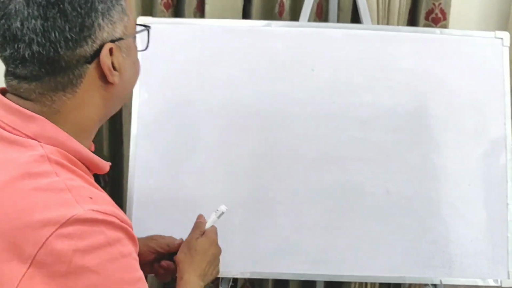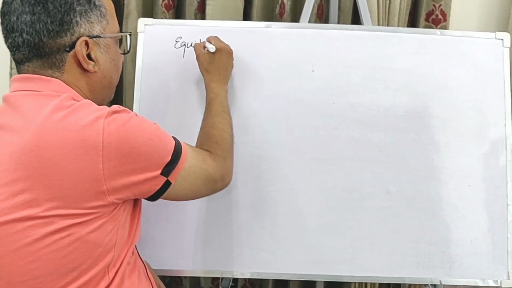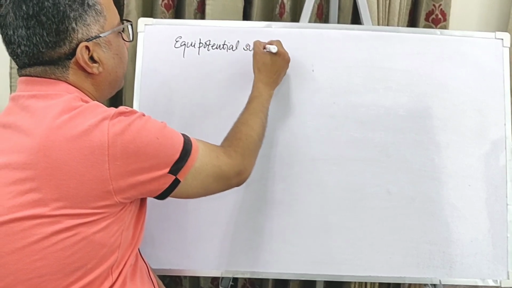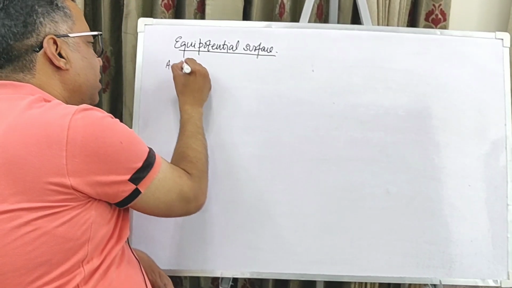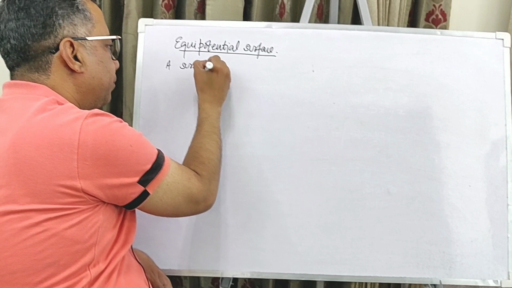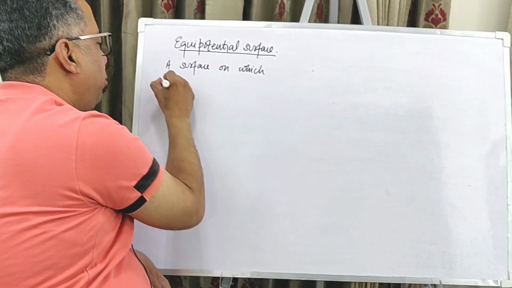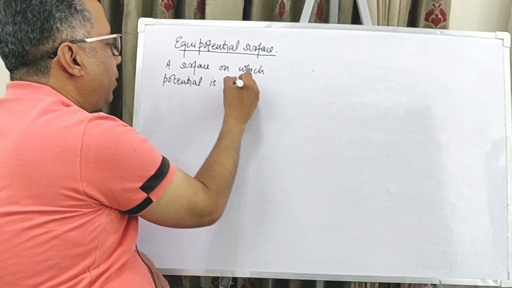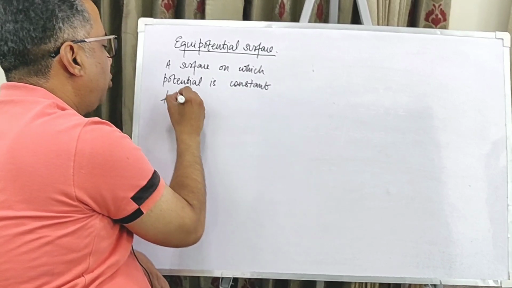Now, what is an equipotential surface? It's a surface on which potential is constant throughout.